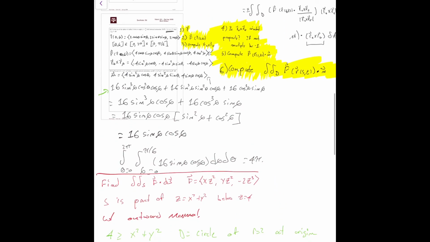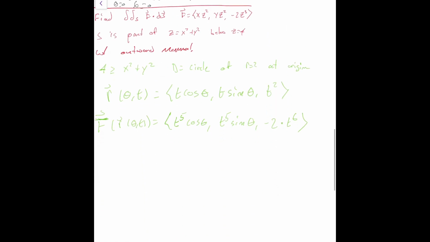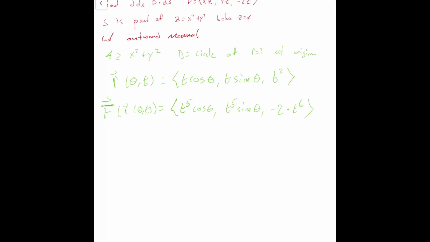Okay, so step 3 is to compute r theta cross rt. We saw in a previous video that r theta cross rt is equal to 2t squared cosine theta, 2t squared sine theta, minus t.